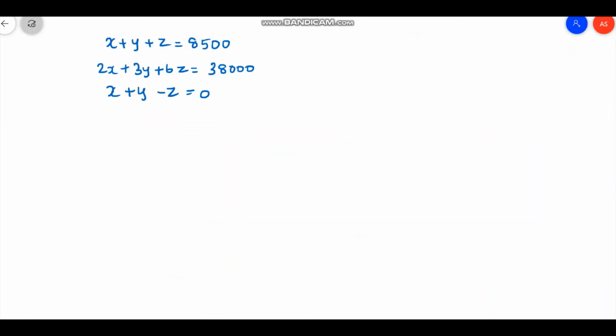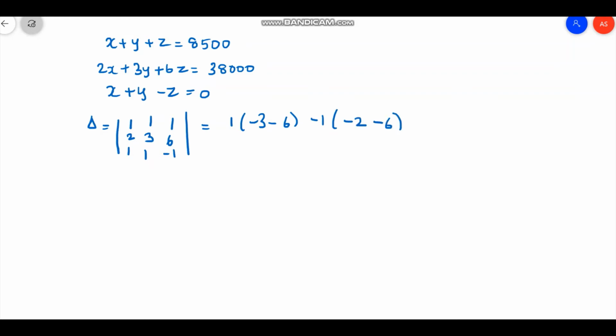From the given equations, let us form delta. So what is delta? Delta is the determinant 1, 1, 1; 2, 3, 6; 1, 1, minus 1. So it equals 1 into minus 3 minus 6, minus 1 into minus 2 minus 6, plus 1 into 2 minus 3.